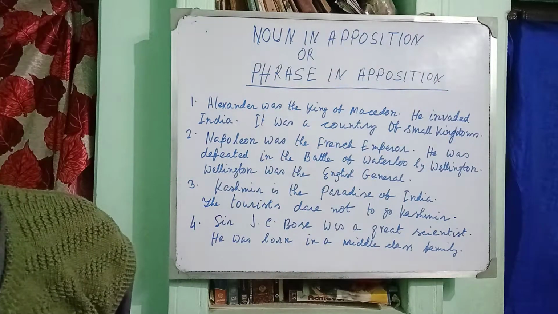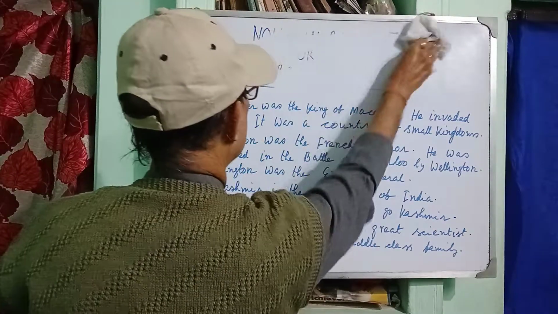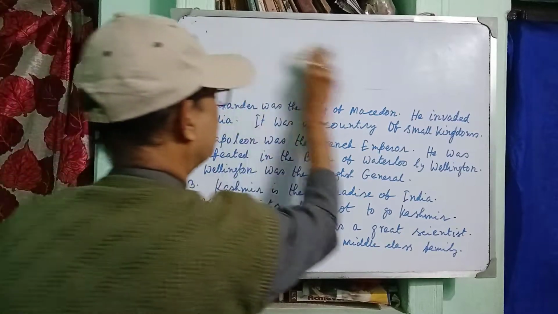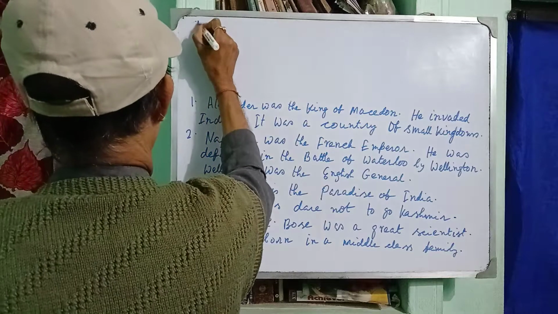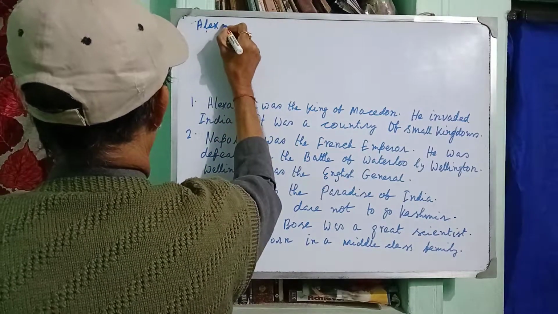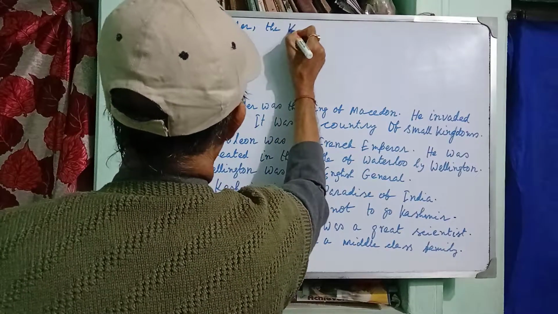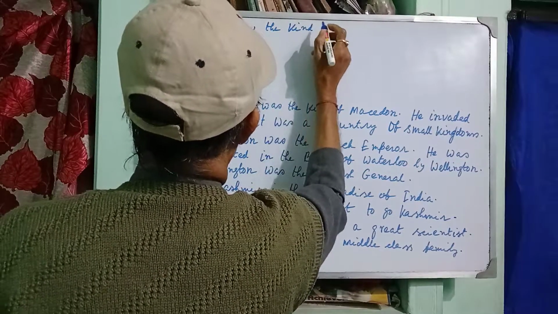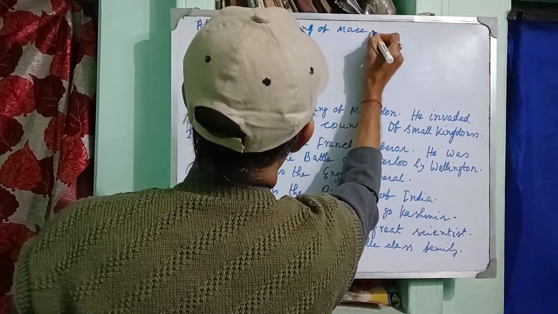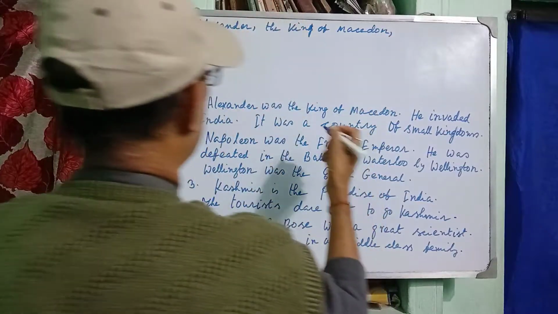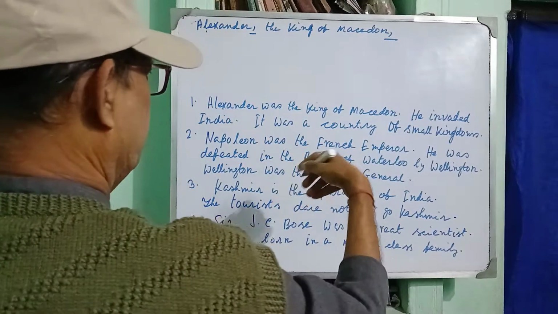Now let me write the sentence on the board for your understanding. So what shall I write? Please write down. Alexander, comma, the king of Macedon, comma, you must give two commas after the noun and after the noun phrase.